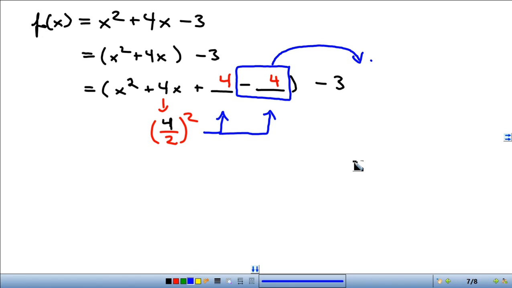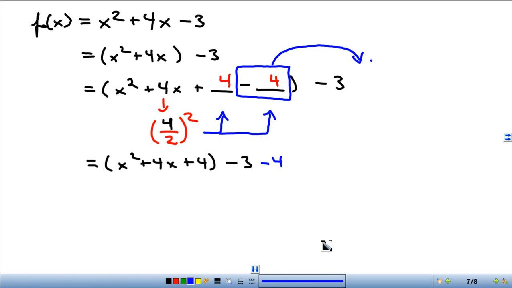In this case, I've got nothing in front, so I'm completely okay to just have the minus 4. So I have f of x, and remember, I'm not writing the f of x part, equal to x squared plus 4x plus 4, and then minus 3, and now the number that I pulled out, minus 4.